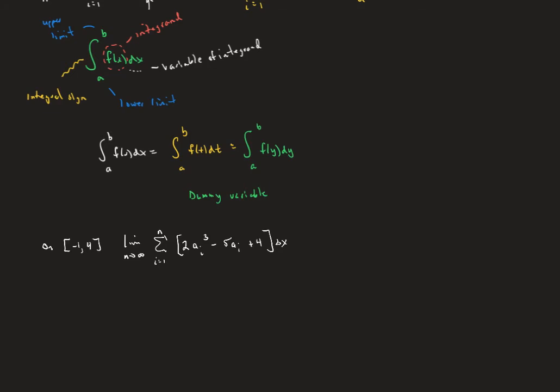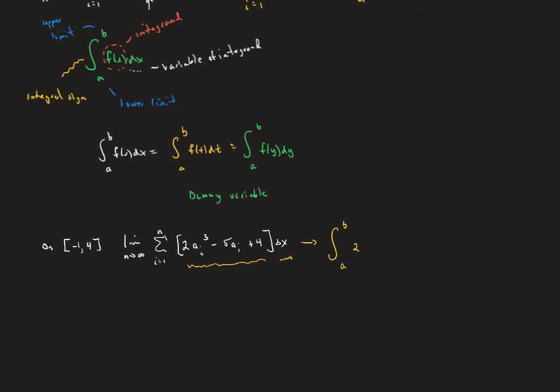So you're supposed to be able to see that this is our f of x, and there is our delta x, making this a Riemann sum. And so as n goes to infinity, this will become the definite integral. And it will be from, we don't know where this goes from, so I'll just say a to b. But we can see here what the function is.